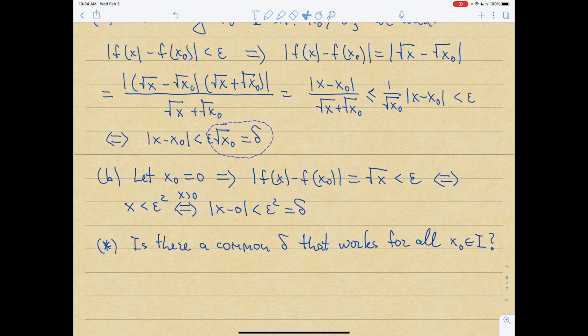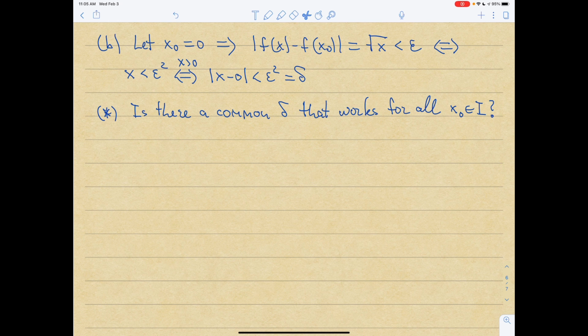Because the square root of x0, when x0 is between 0 and 1, the smallest number here is going to be 0. And so then it is irrelevant what delta is for x0 equal to 0, because that delta by default is not going to be the smallest. The infimum of all deltas is going to be 0. At least it appears so.